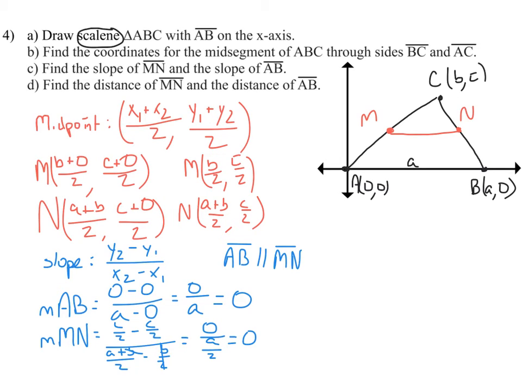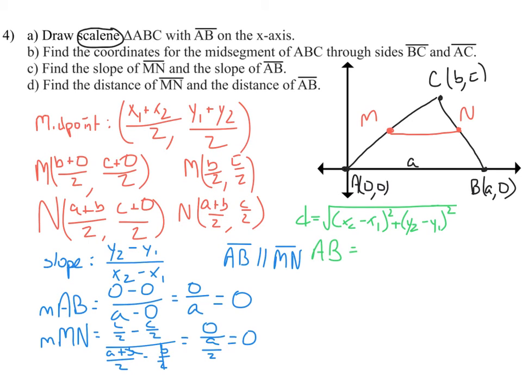That's part C. Now let's do D, the distance formula. For the distance formula, we subtract our x's and square, plus, and then we subtract our y's and square. So to find the length for A to B, well, we actually already found it.